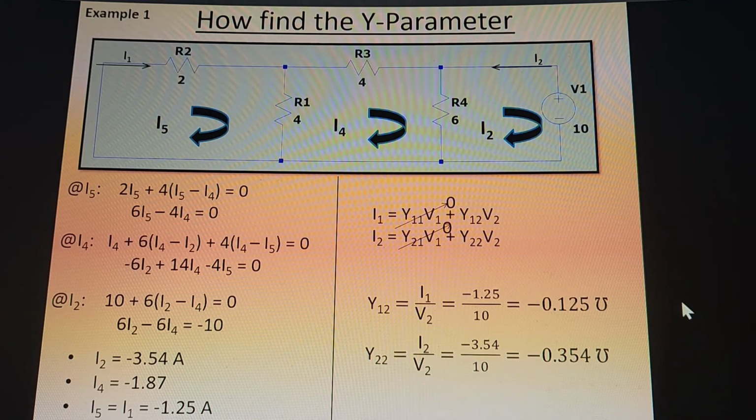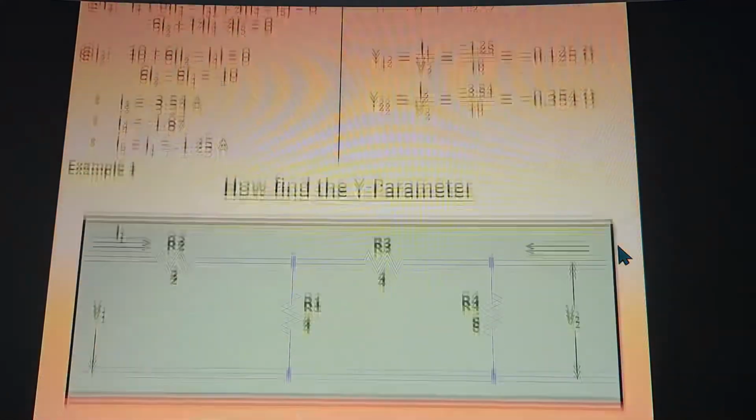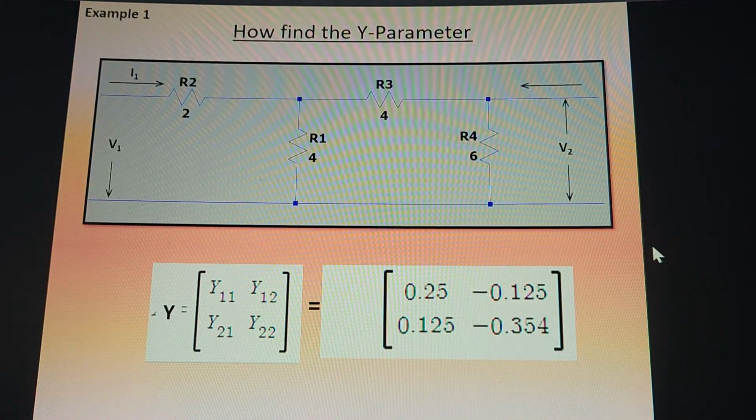And at this point, for the circuit that we had shown, we have the four values that are known as the Y matrix or the admittance matrix. And those values are shown right here: Y11, Y12, Y21, and Y22.